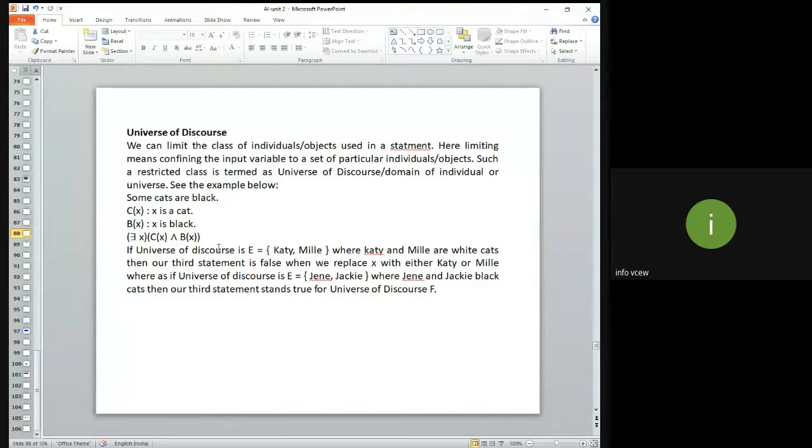Yes or no? If both are white color cats, then your universe of discourse statement is false. And if any one of the cats is black color, then our third statement is true, that is, you are using existential of x.